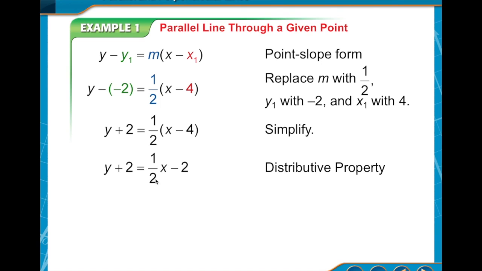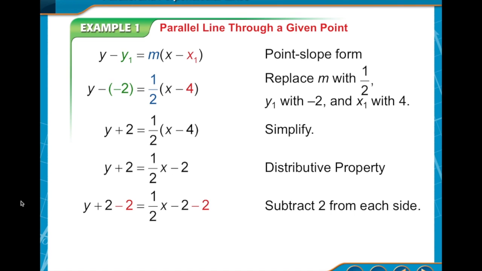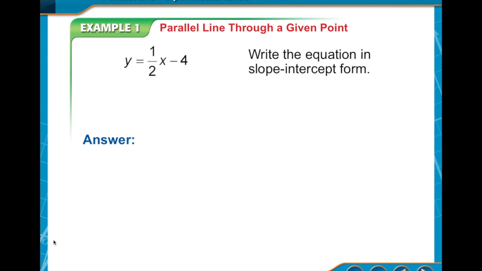So we'll subtract 2 from both sides, like we see here. And then one more simplification, we'll get y by itself on the left because these 2's cancel out. On the right, we'll get 1/2 x, take away 4. So this is now the final equation given all that info. Y equals 1/2 x minus 4.